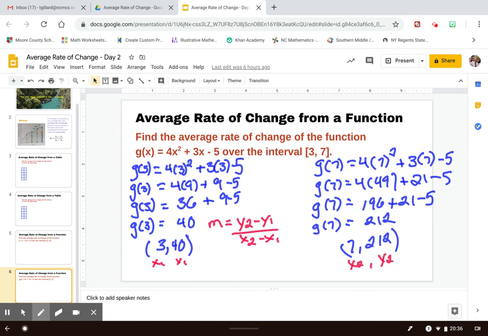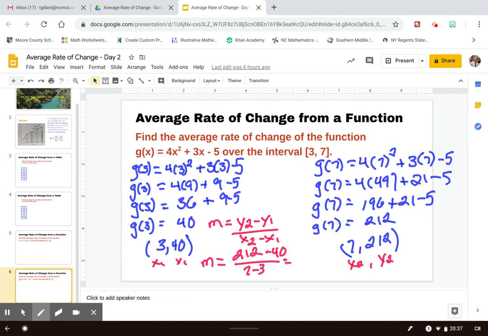So that gives me 212 minus 40, and then 7 minus 3.